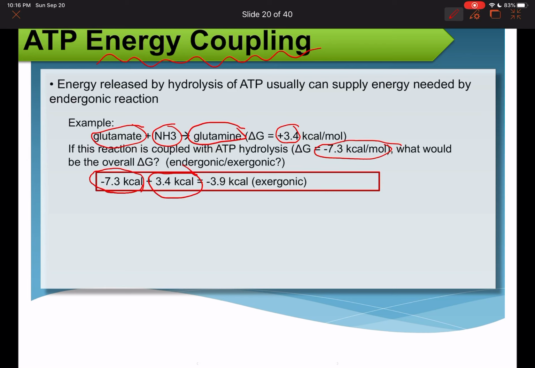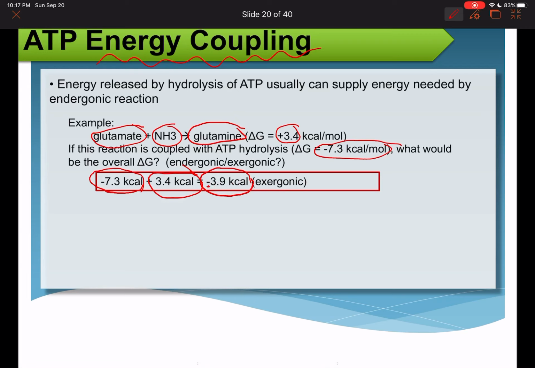So we put those together and we find that we have a leftover of 3.9 kilocal of energy, and it's still a negative value, which means, yes, this particular endergonic reaction can be powered by one molecule of ATP hydrolysis, and that we have negative 3.9 kilocal of energy left over.